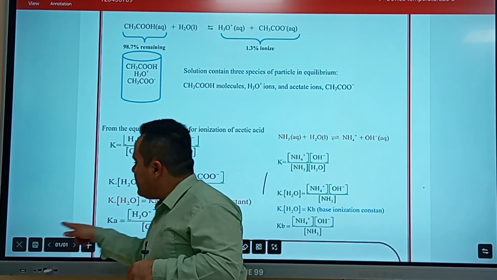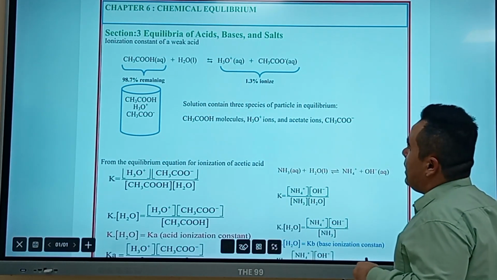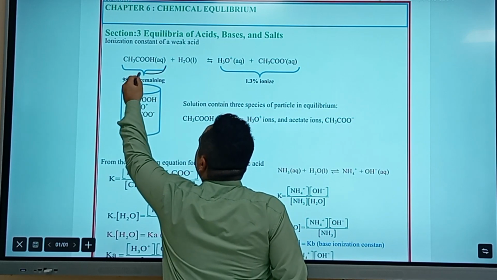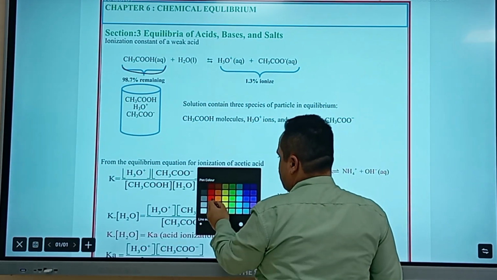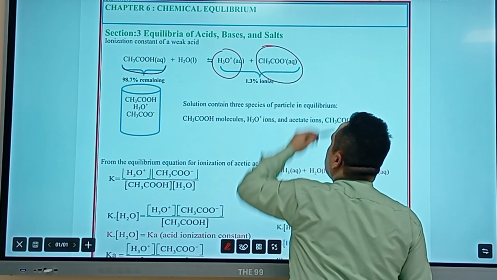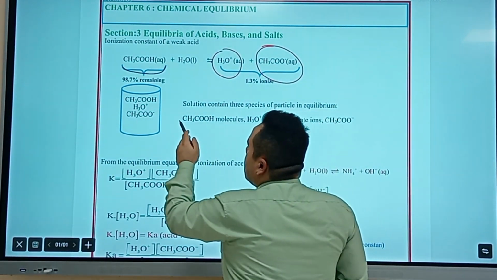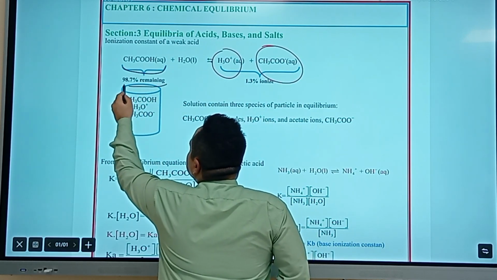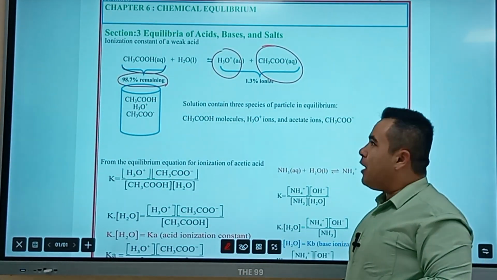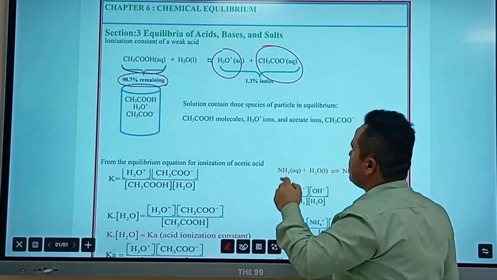First, the constant ionization of acids. When a weak acid ionizes, it will form the hydronium and an anion. If you notice, most of the weak acids remain non-ionized, almost 98.7%.